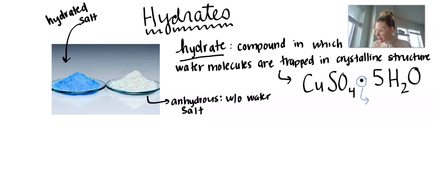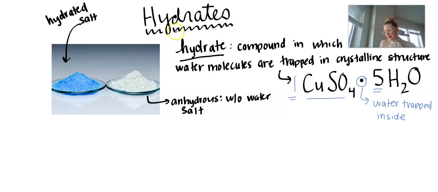All that dot means is that there is water trapped inside. So what this really reads as is, for every 1 copper(II) sulfate, I have 5 water molecules trapped inside of that 1 copper sulfate.